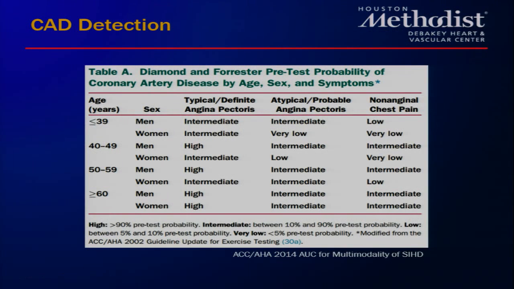And all of you should be pretty familiar with the area of CAD detection, the Diamond-Forrester classification of different forms of angina. This is work looking at the different probabilities of whether or not a patient has CAD based on symptoms. When I'm talking about CAD here, this is angiographically confirmed greater than 50% stenosis on a coronary angiogram.